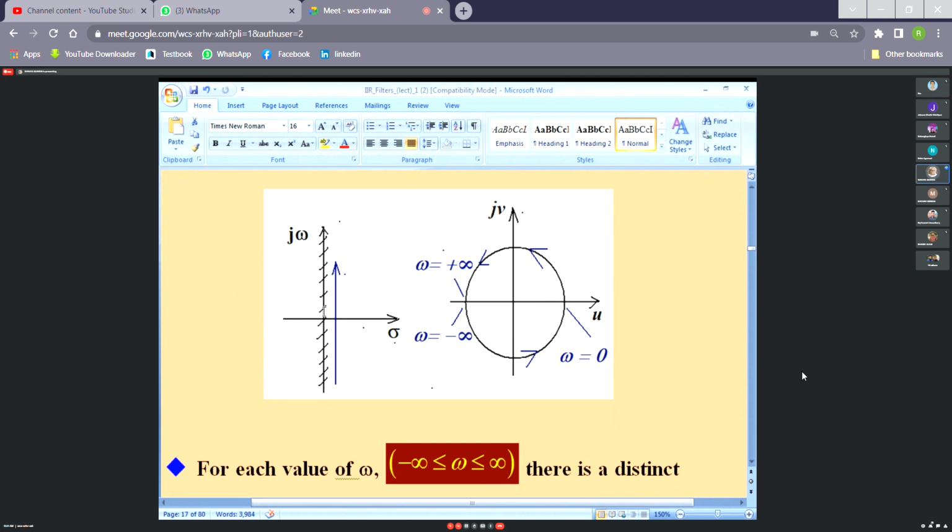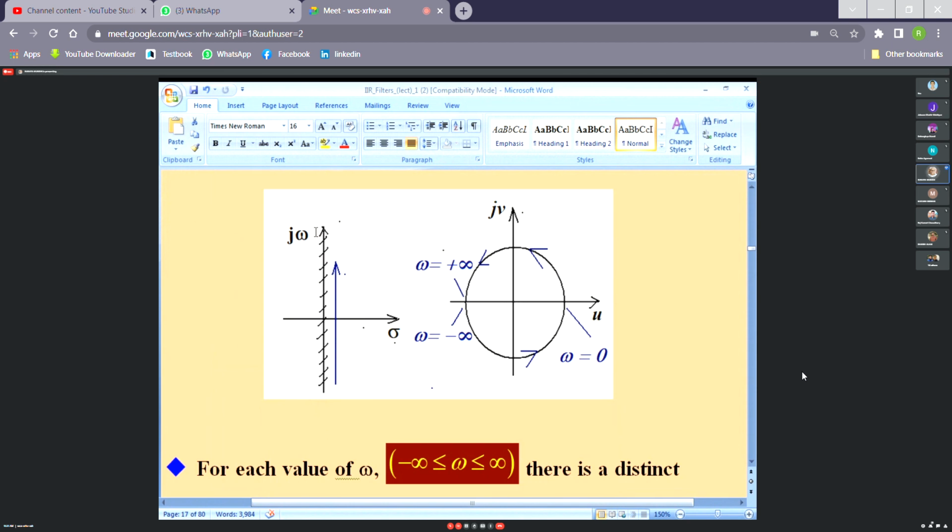If you continue your march and move on to higher and higher positive values of omega, you'll be continuing your journey along the circumference of the unit circle. And ultimately, as omega tends to infinity, you will come back here. So one complete traversal only, as you sweep along the j omega axis from omega equal to minus infinity to plus infinity.